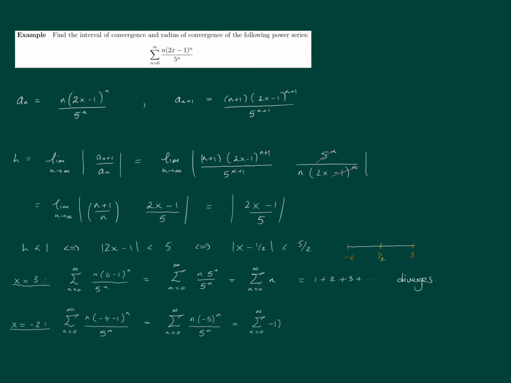And the (minus 5)^n will cancel with the 5^n and leave you with (minus 1)^n times n, which is minus 1 plus 2 minus 3 and so on. And we can see that this will never settle, so this diverges.